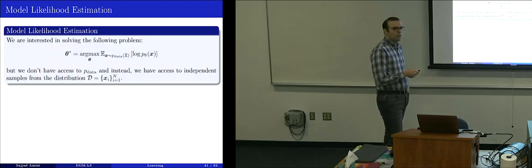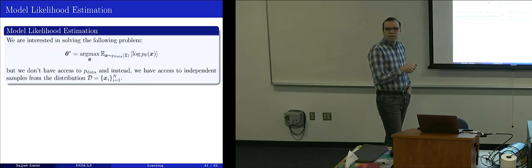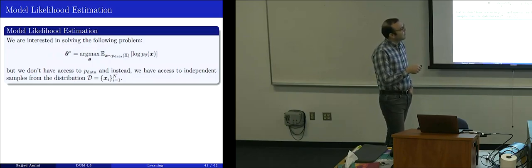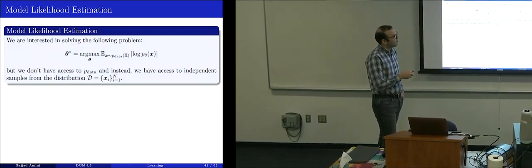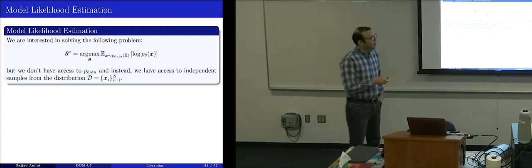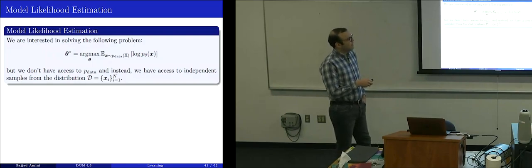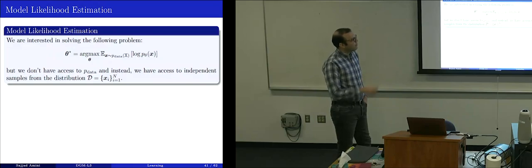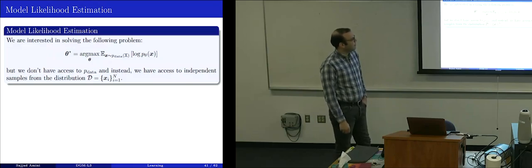We can use Monte-Carlo estimation. Instead of calculating the integral, which I cannot do because I do not have the formulation for p_data of x, I sample from it and calculate the value f here, and then average it over all data I sampled.